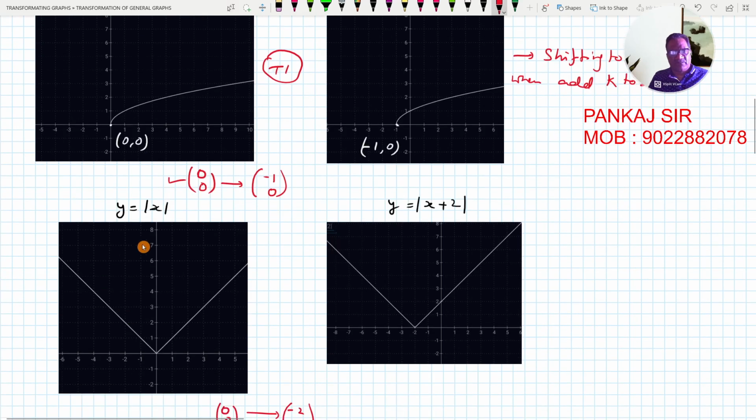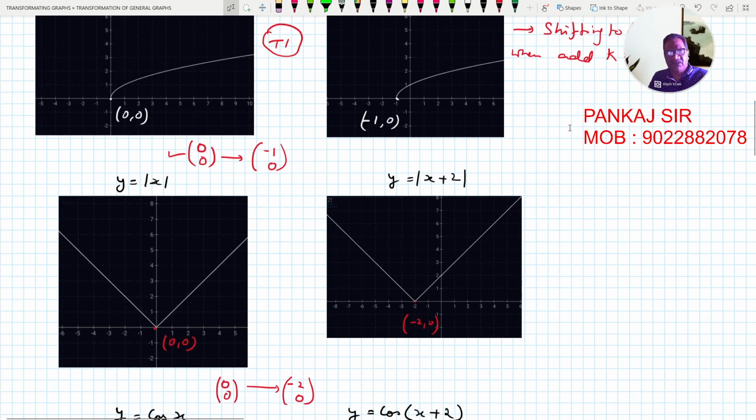Next is the modulus function. Modulus of x is shown in this way. This is the graph, and we are going to see this particular point. This point is 0, comma 0, and in this transform graph, that is y is equal to modulus of x plus 2, the graph has been shifted to the left to this particular point, and the coordinates of this point are minus 2, comma 0, isn't it?